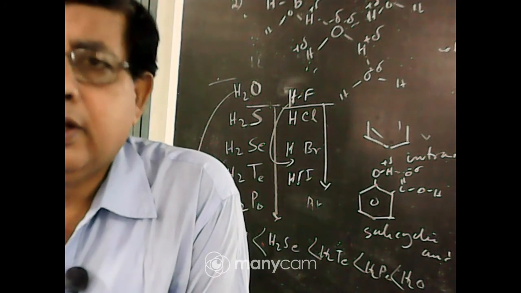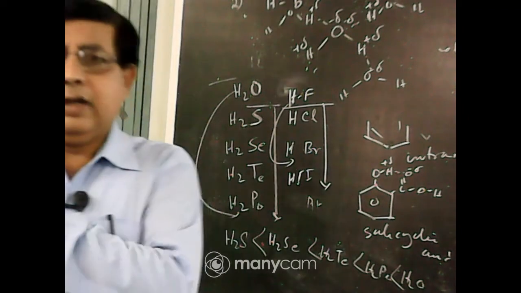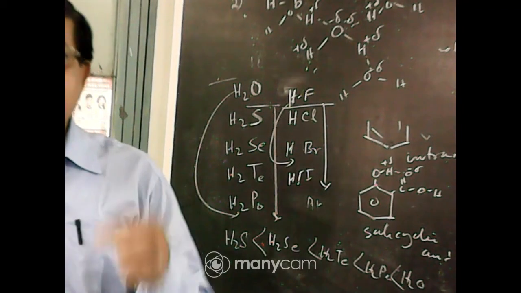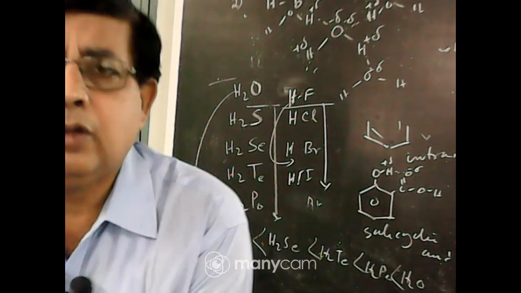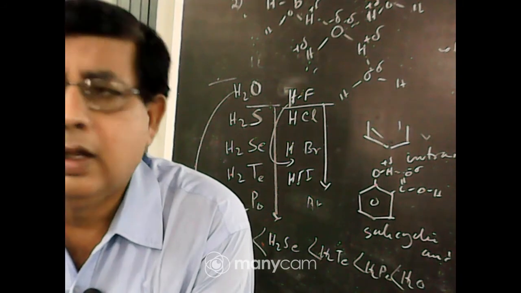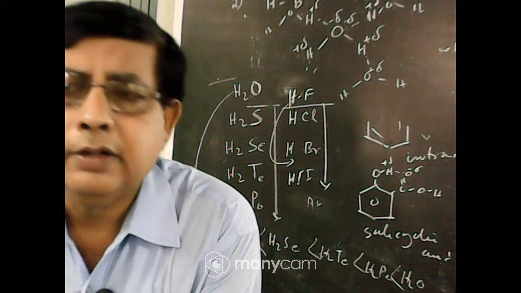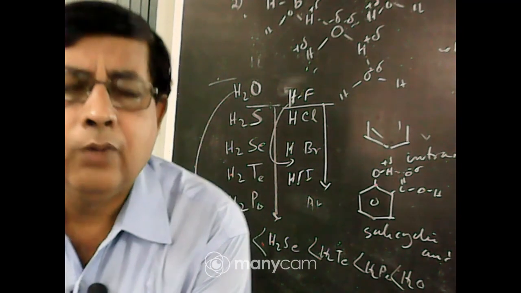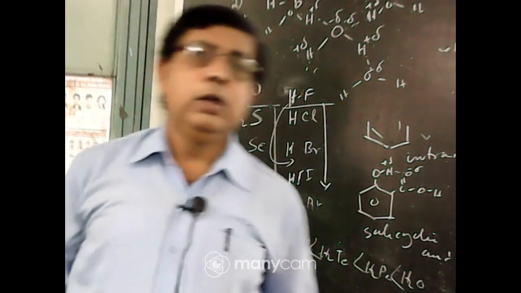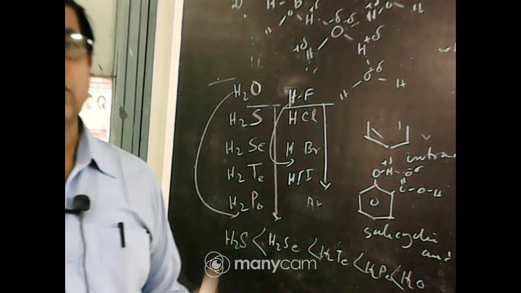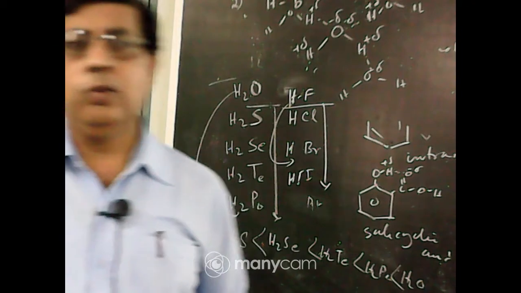Third importance: normally when we discuss the solubility of ionic and covalent compounds, we say that ionic compounds are soluble in polar solvents like water and covalent compounds are insoluble in polar solvents like water. But many covalent compounds you have observed in daily life are highly soluble in water. For example, glucose C6H12O6, alcohol, sugar, acetic acid: all are covalent compounds, but all are soluble in water.